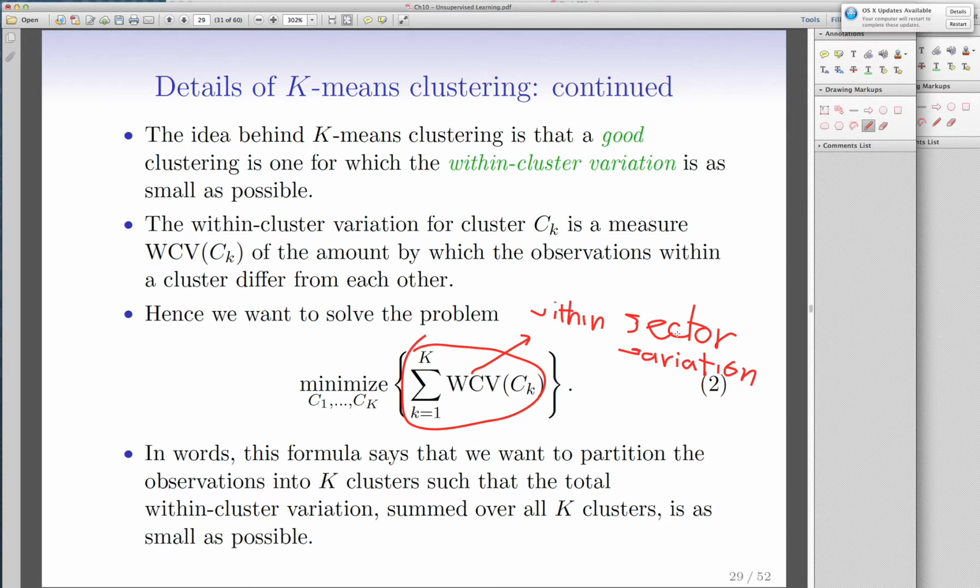That's what we want to do. So we want to cluster them such that the within-cluster variation is minimized. That means for all classes, if we have K classes, these variations among my observations in each class, summed up, is minimized.